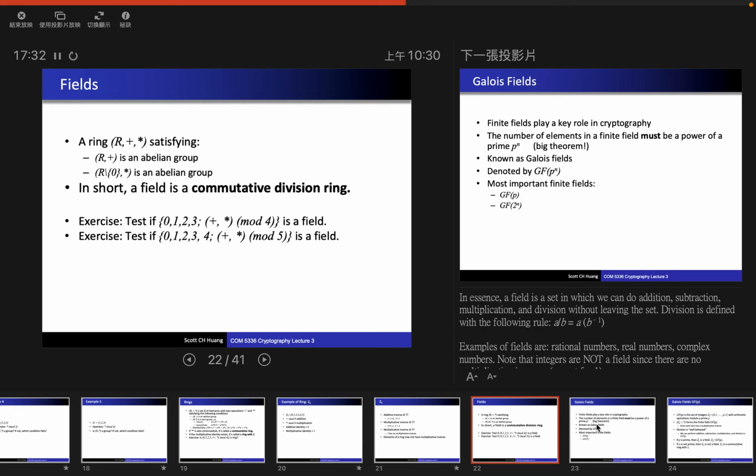Computer scientists generally prefer this language, but mathematicians generally prefer this language, F5. So if you see anybody writing F5 with a double stroke for F, this is written by a mathematician. This is written by a computer scientist. So GF5 is the field.